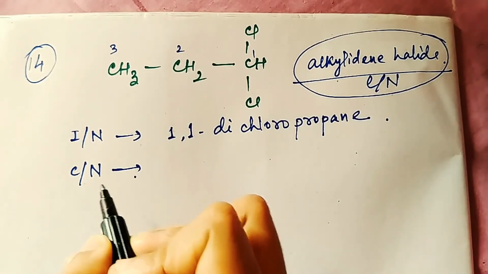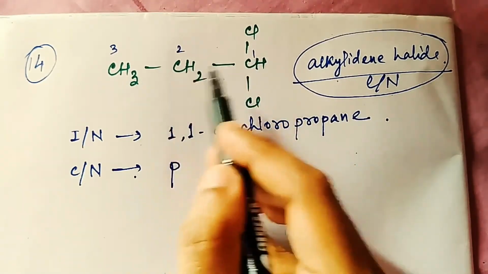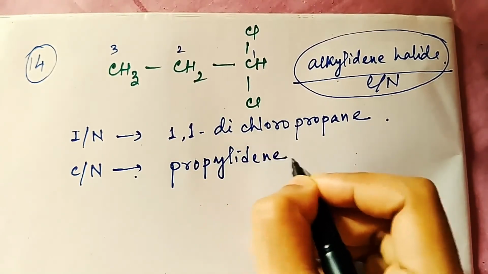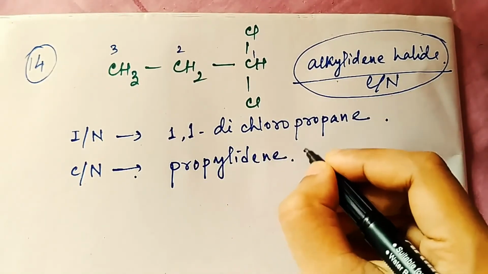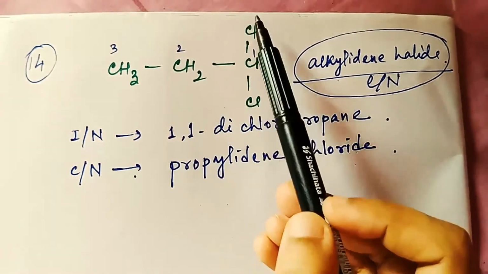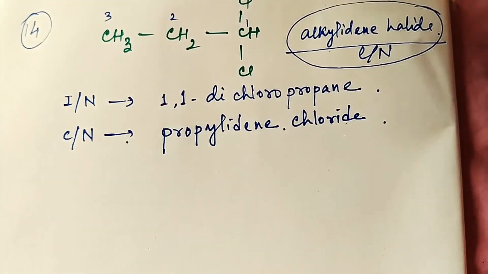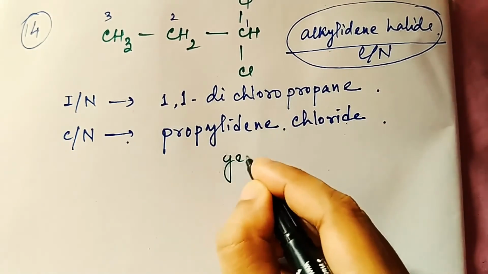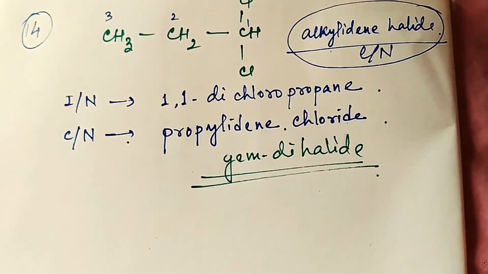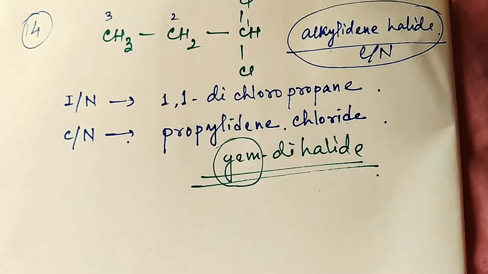So here the common name will be propylidine, prop because 3 carbons, so propylidine chloride. Okay. Now say when 2 halogens are present in 1 carbon atom, we can also say it gem dihalide. Okay, gem dihalide. Remember this name, gem.